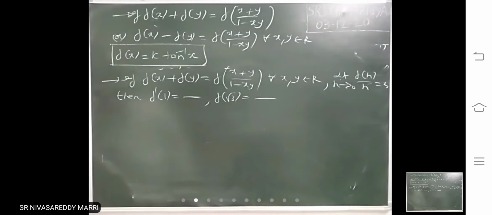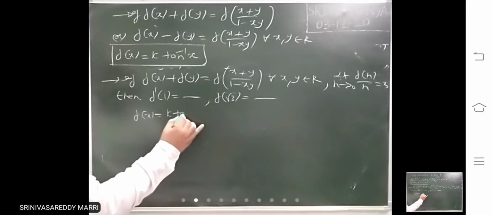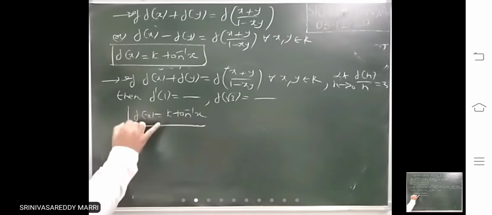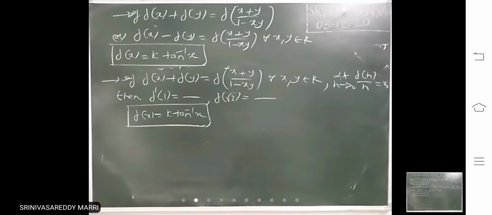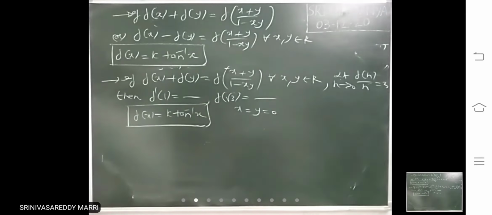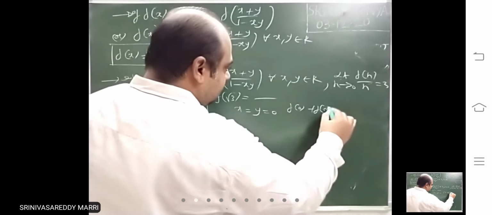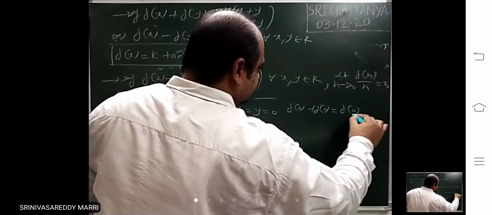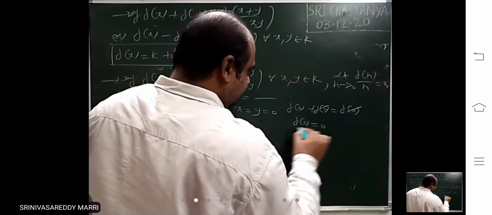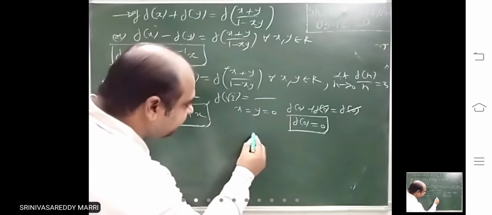Suppose take this problem. He has given this equation, so immediately that formula: f of x equals k tan inverse x. So you have to find k. Given this limit, now in the given equation you substitute x equals 0, y equals 0. If you substitute, you will get f of 0, and this is also f of 0. That means we can say that f of 0 equals 0. Now this limit is given. What is that limit?